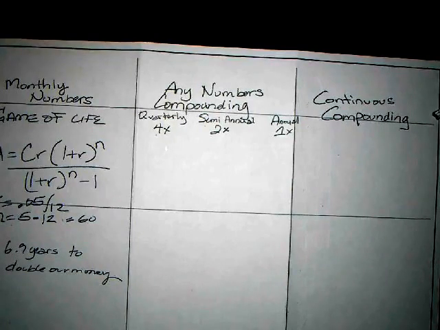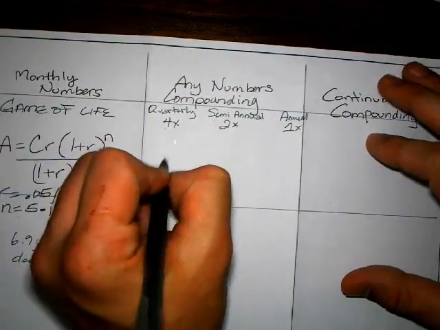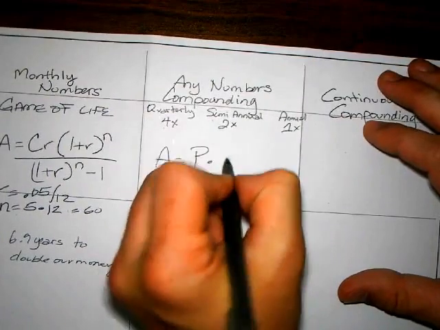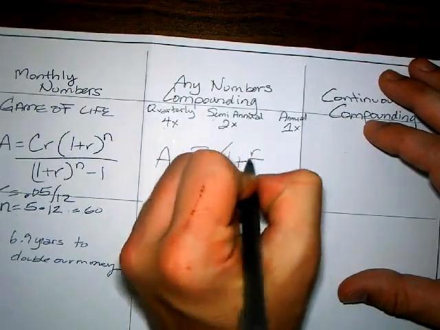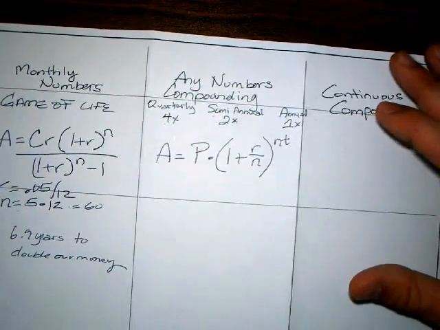Okay? So no matter what they tell you, you're going to be able to use this formula where P is your starting value, and then you have (1 plus r divided by n) to the nt.